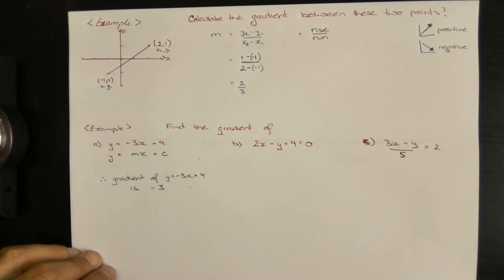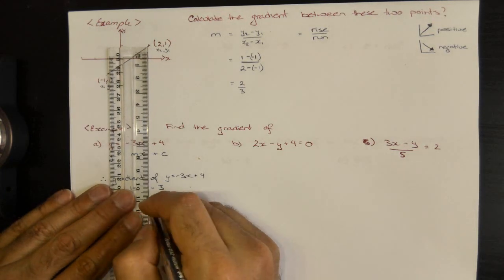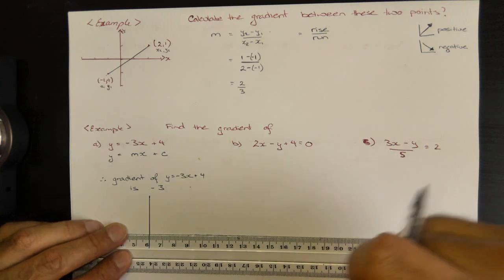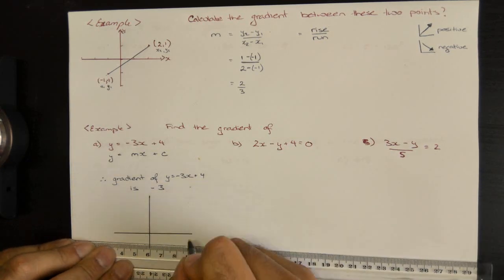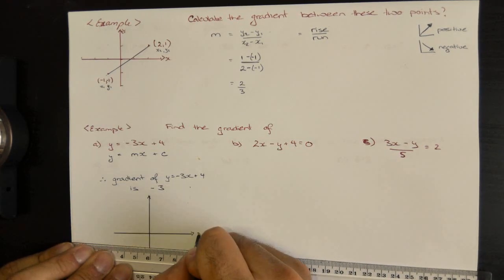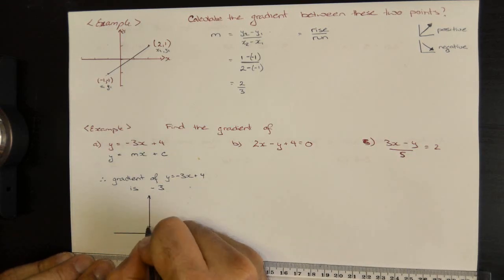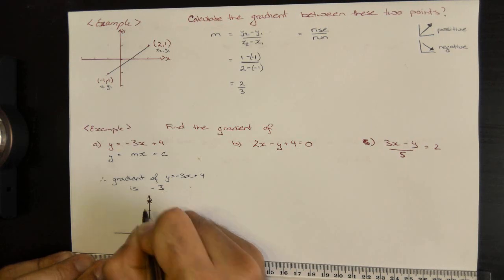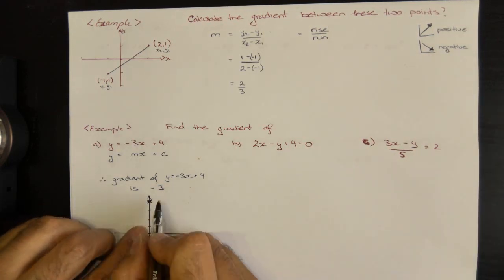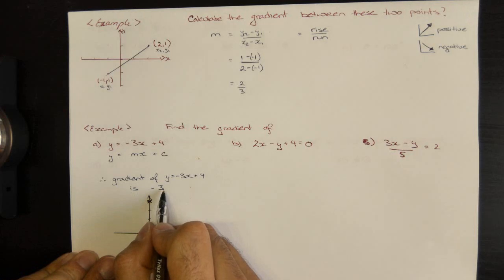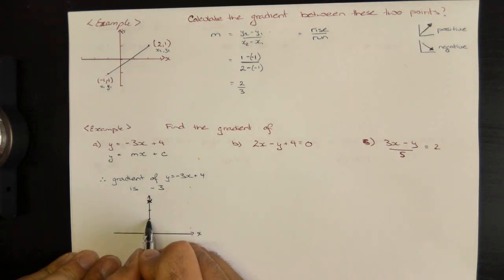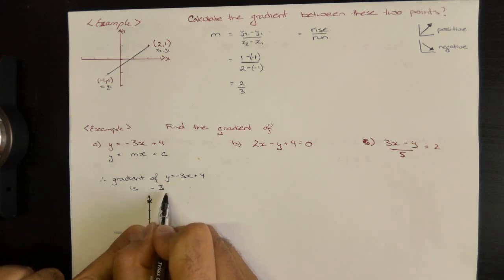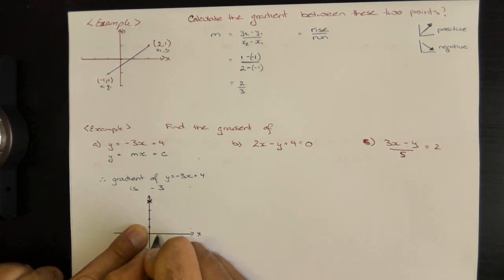And if I was to sketch it, the sketch would look like this. My y-intercept is at 4, not to scale. It's saying I'm going to have a gradient of a rise of negative 3 units, which can be expressed as negative 3 over a run of 1.